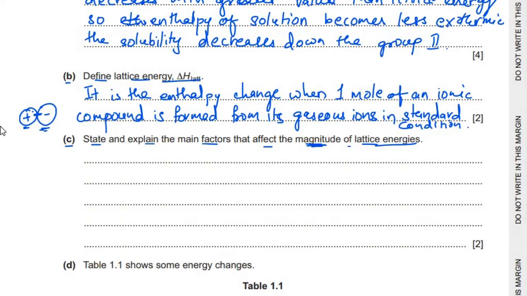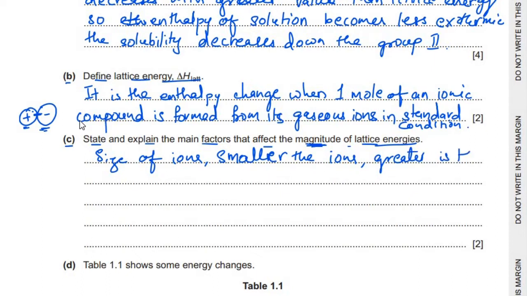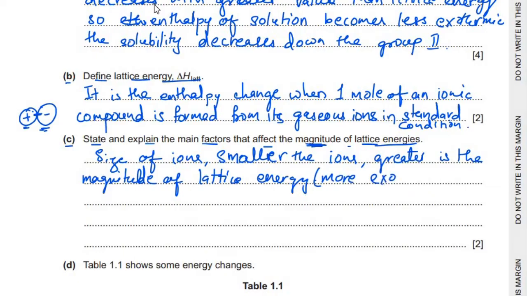So state and explain the main factors: the first one is the size of the ions, and we can write smaller the ions, greater is the magnitude of lattice energy. This is the first factor. Or even you can say more exothermic in place of magnitude of lattice energy.